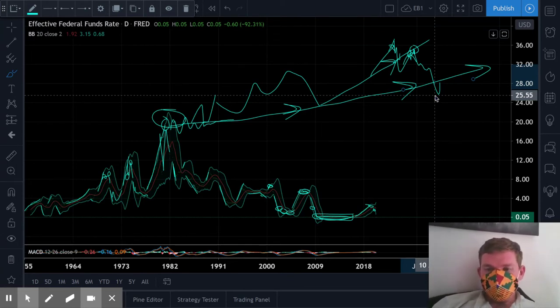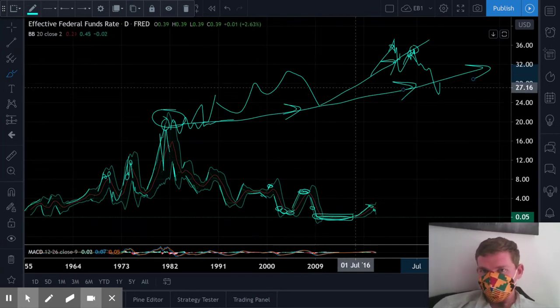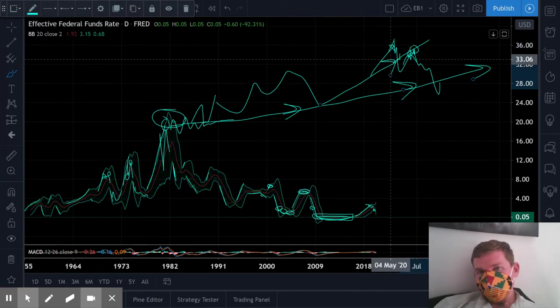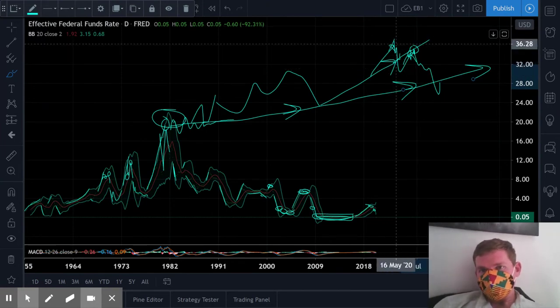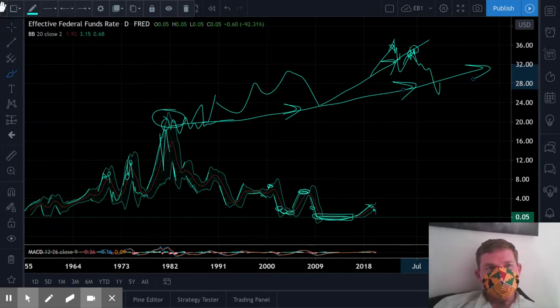It's not the same thing as like a Bitcoin bubble or something like that. Like these are credit cycles that expand up at increasing levels, and then they unwind in a specific pattern where you back test these levels and come down. So that's what I'm tracking on this channel.